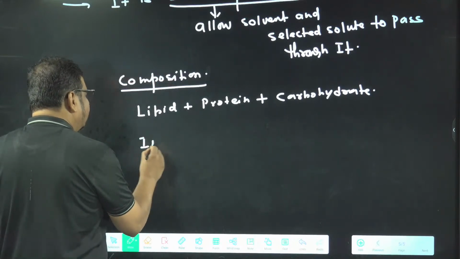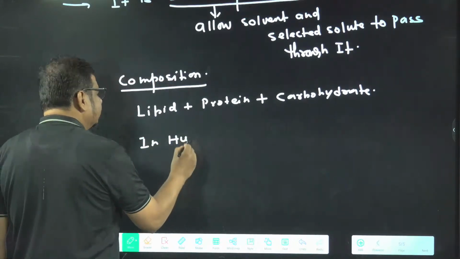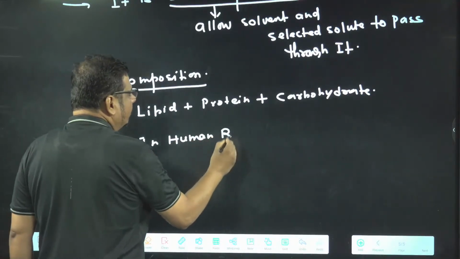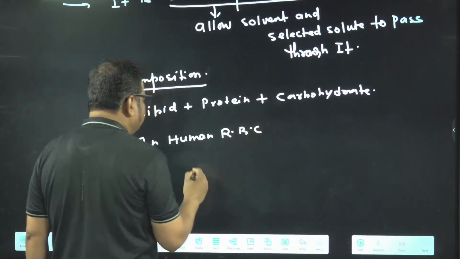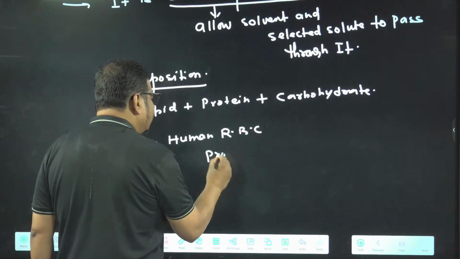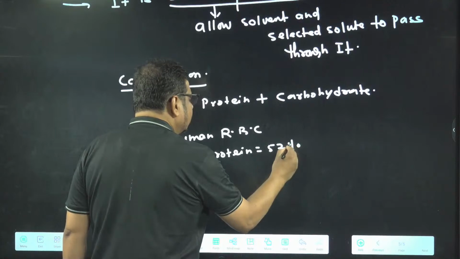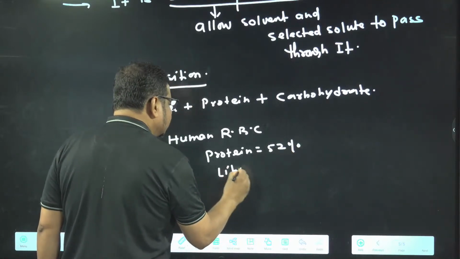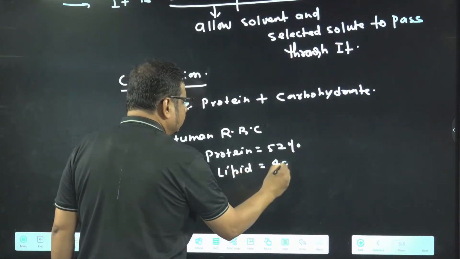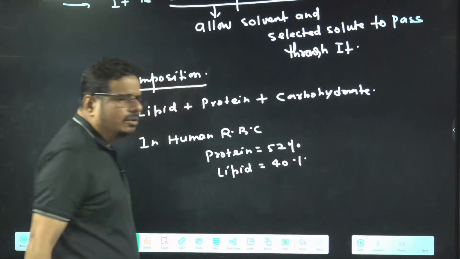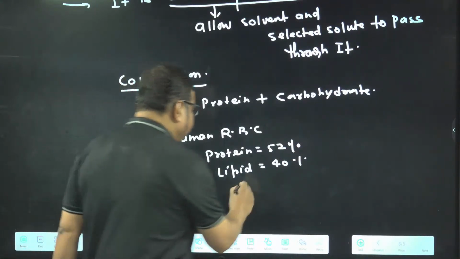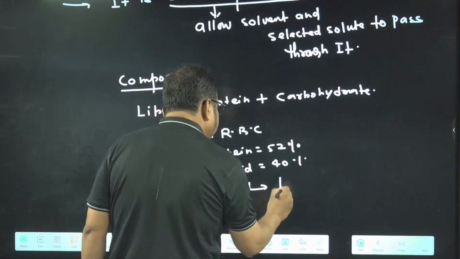In human RBC plasma membrane, protein is 52%, and lipid is 40%.